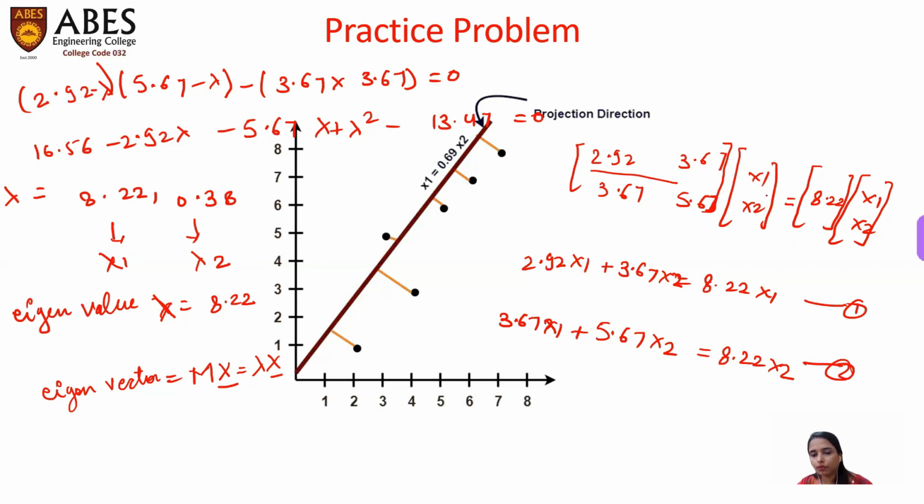Now, with the help of comparison, we have formulated these two equations, and with their help we got x1 equals 0.69 of x2.